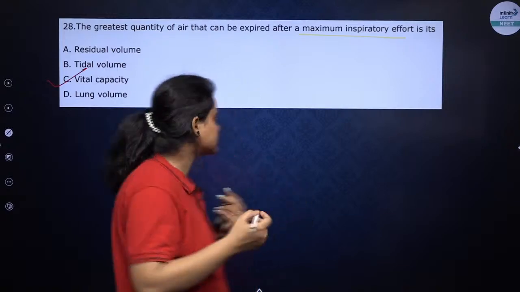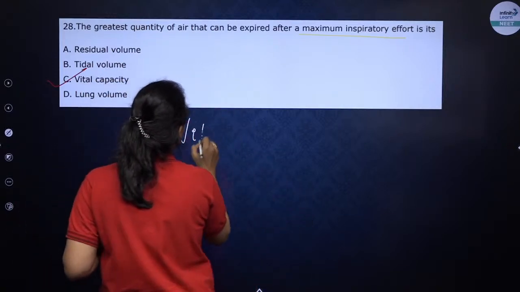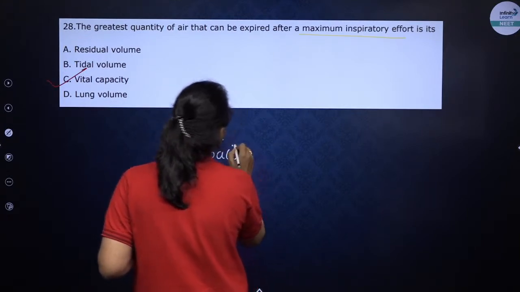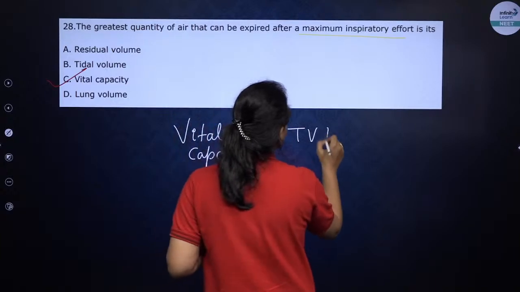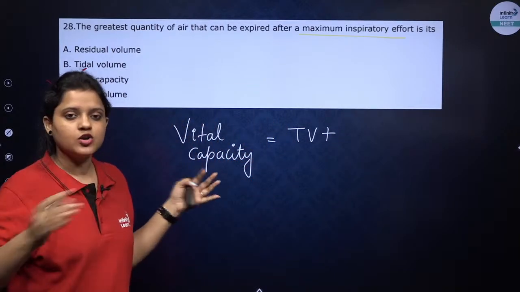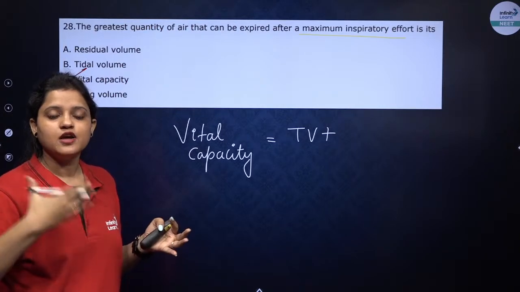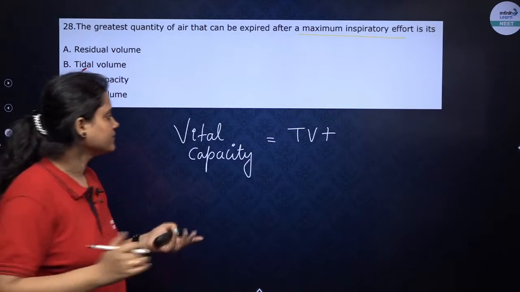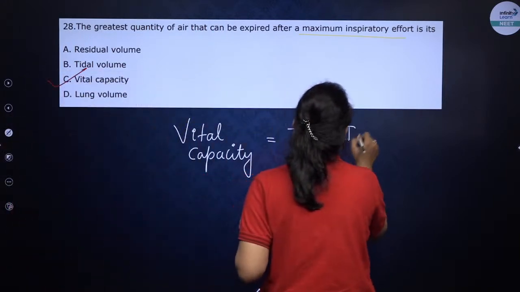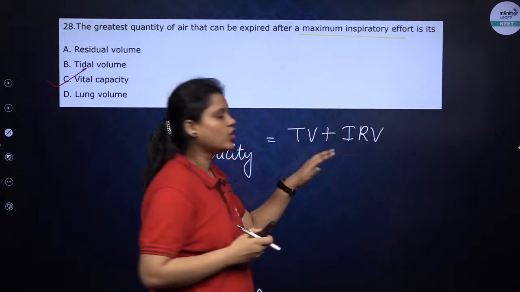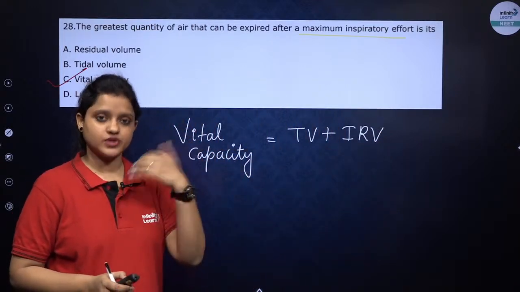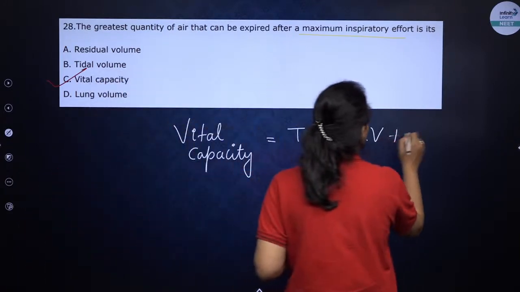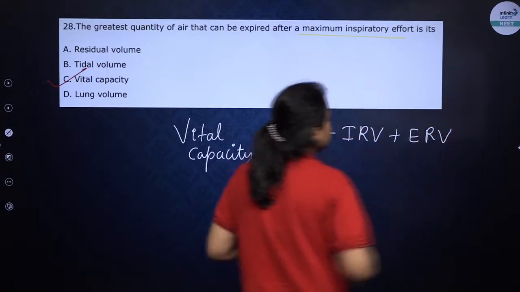And what is vital capacity? Let's write it down. Vital capacity is equal to tidal volume. Tidal volume is the normal volume of air that you are inspiring and expiring during normal breathing. Tidal volume plus inspiratory reserve volume. This is the volume of air that you will inhale forcefully, right, during forceful inspiration, plus expiratory reserve volume.